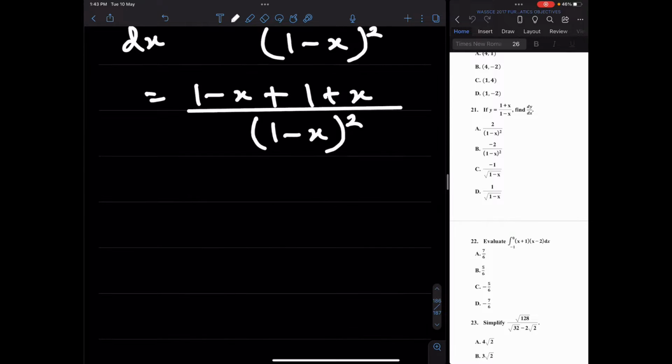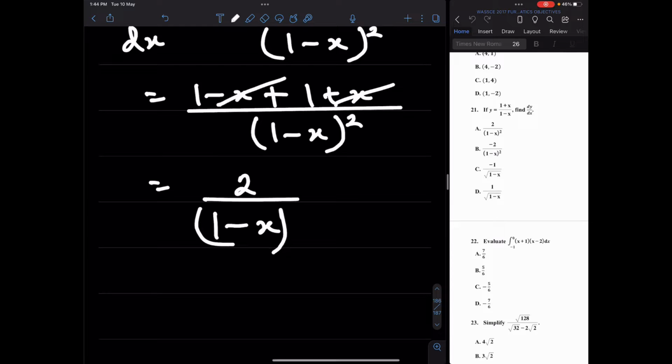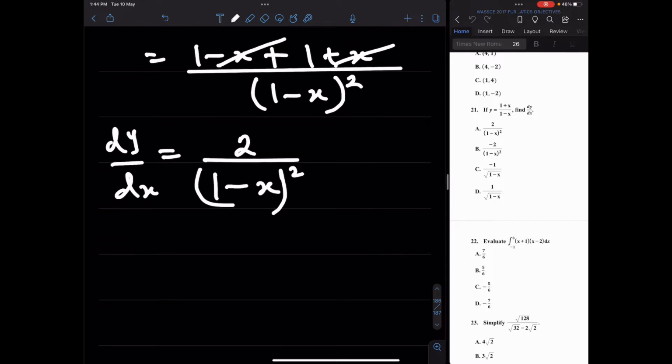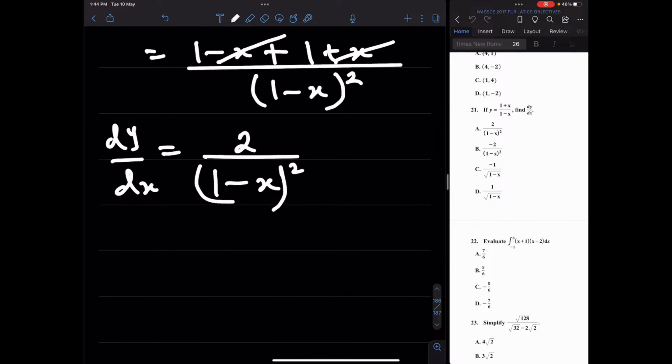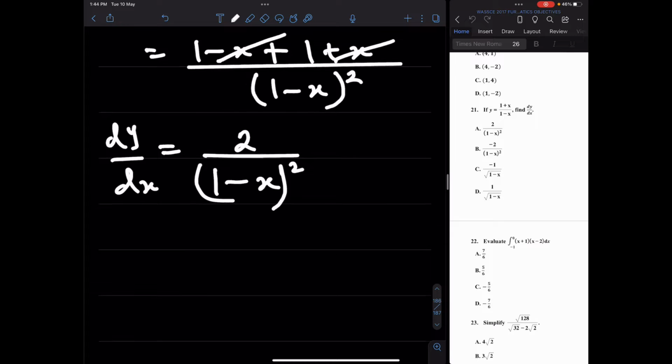Minus x plus x is 0, 1 plus 1 is 2, so that's 2 all over the square of 1 minus x, and that's dy/dx. The correct option is A.